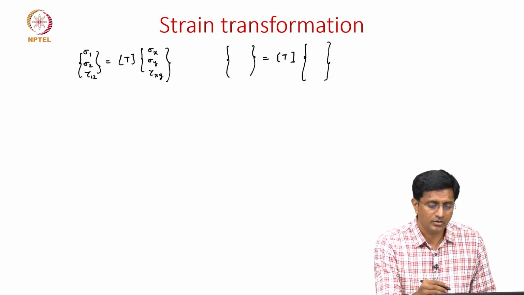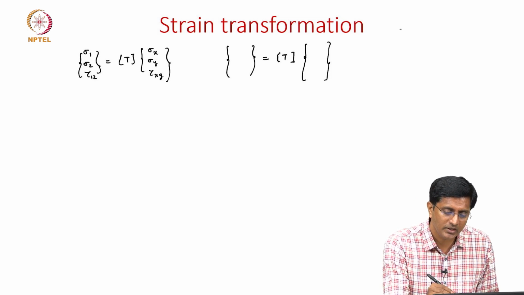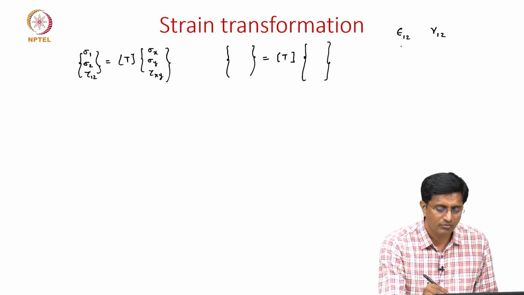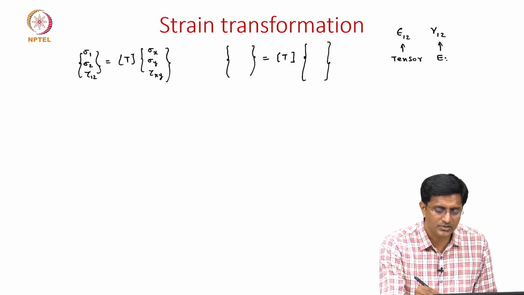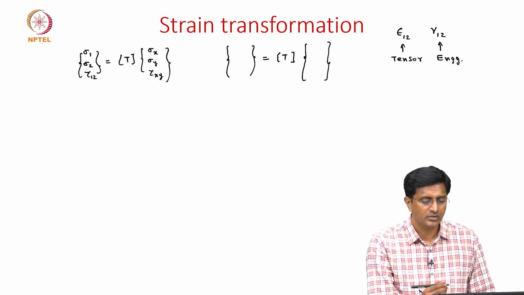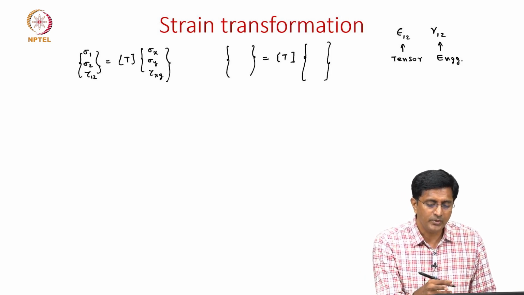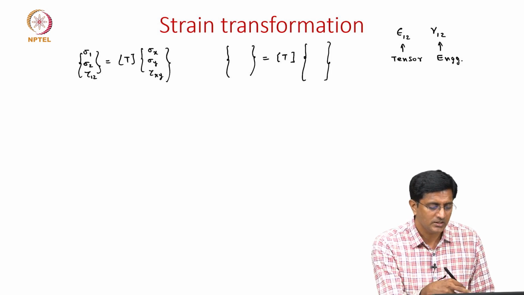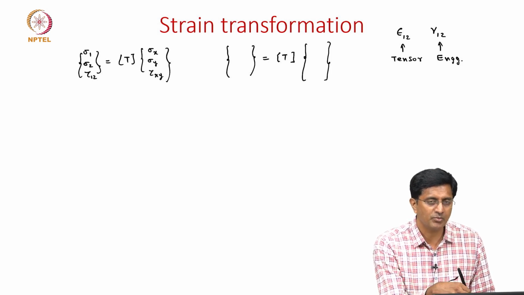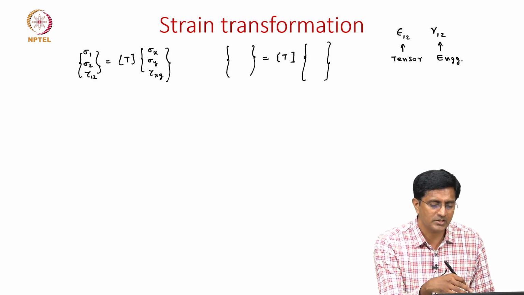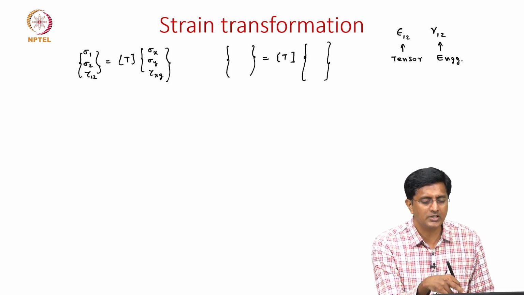But you might recall that we had made a distinction between epsilon 12 and gamma 12, where we said epsilon 12 is the tensor strain and gamma 12 is the engineering strain. The point we are trying to make here is that we cannot use the engineering strains and expect to use the same transformation matrix T. Since we want to use this transformation matrix T, we have to stick to the tensorial notation.